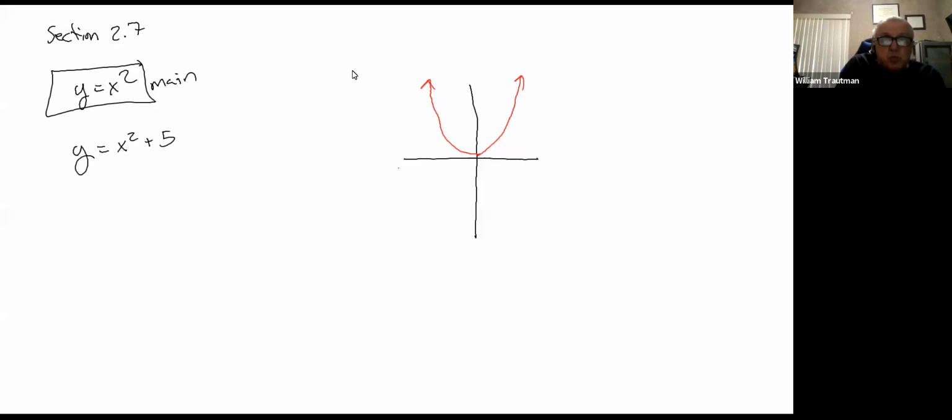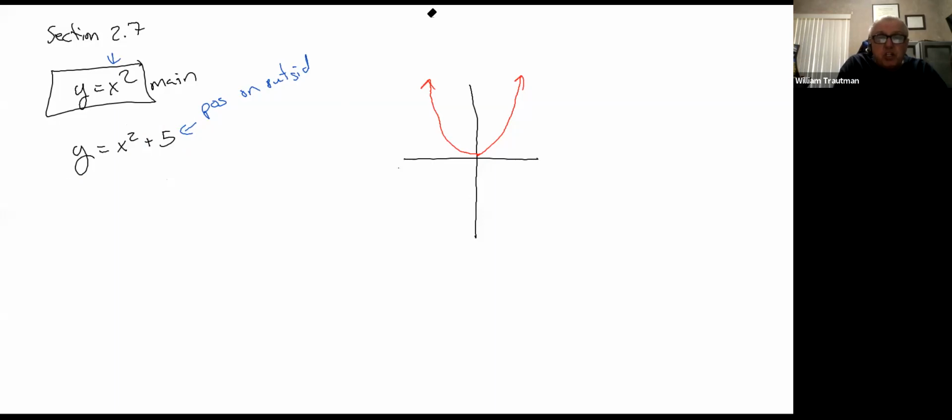What happens when I put a positive on the outside of the function? I'm calling this outside of the function because this is the function. What happens when I put a plus 5 on the outside?